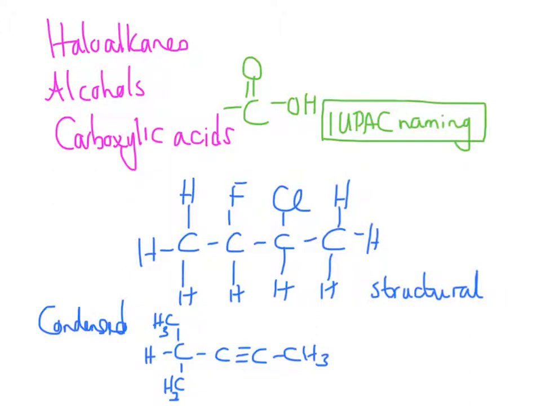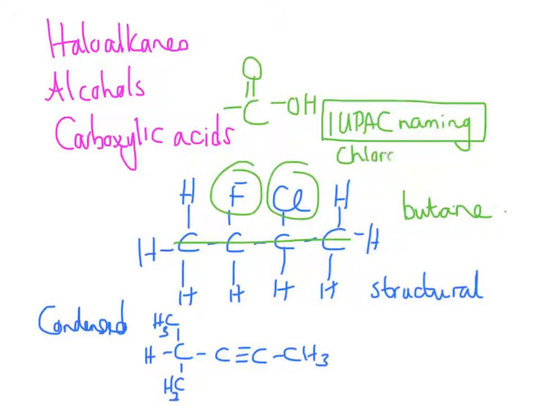This is a carbon chain of 4 carbons, so it's but-something. On it there's a fluorine and a chlorine, which means it's a haloalkane. There's only single bonds, so I'm going to say butane. And attached to that there's a fluoro and a chloro. Well, chloro has got a C to start it.